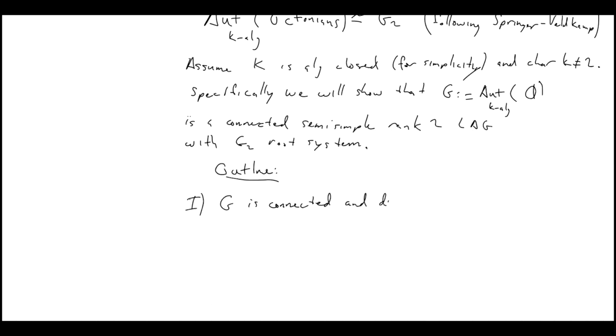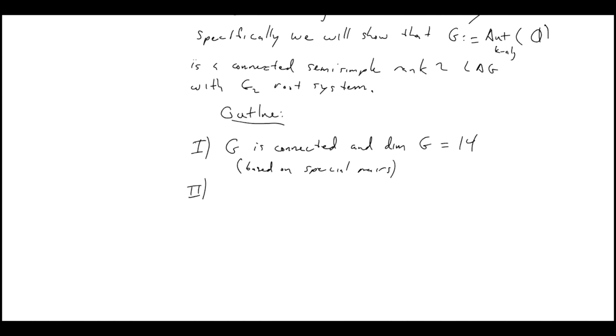And the dimension of G is 14. This is based on the use of special pairs. Then we'll construct a rank 2 torus, a maximal torus of rank 2.